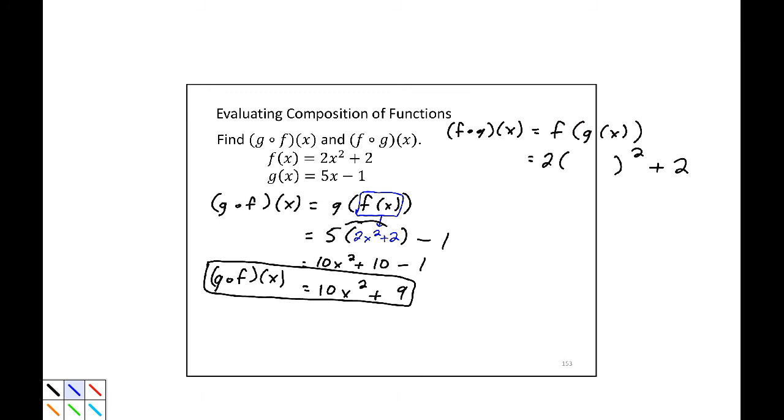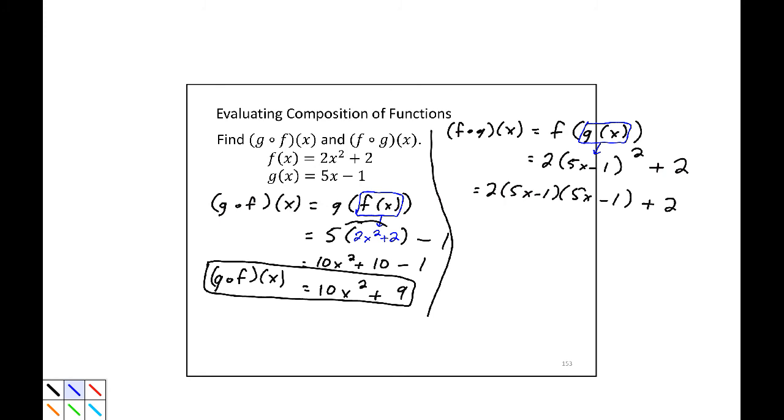And I'm going to input what my g of x is. My g of x is 5x minus 1. All right, so I need to take 5x minus 1 squared. So 2, 5x minus 1, 5x minus 1, plus 2.